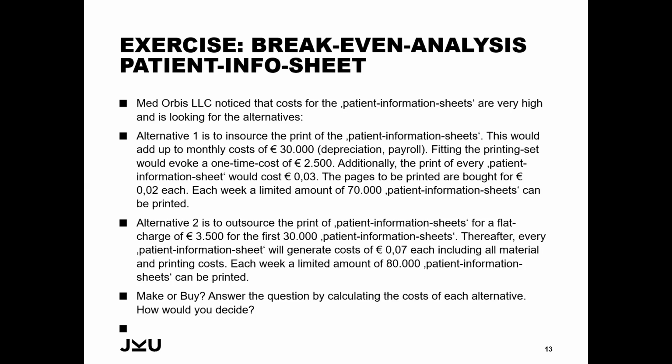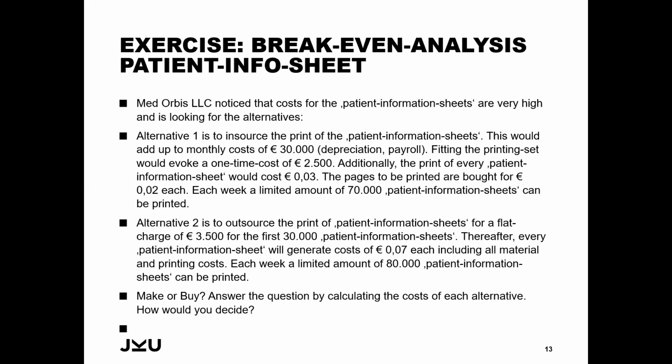Is it cheaper to invest in alternative 1, $2,500, and how many thousands of patient information sheets can I print and still stay cheaper than the $3,500 flat charge of alternative 2?